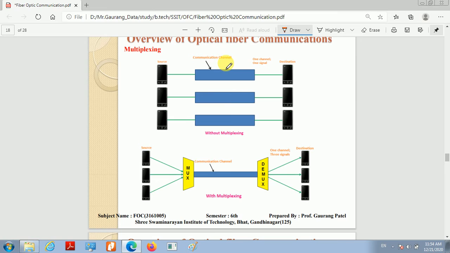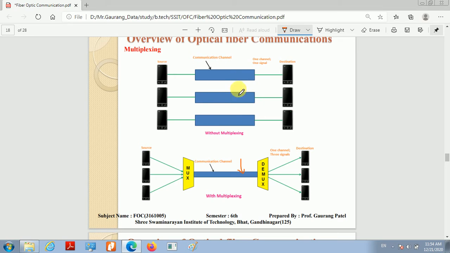Means we are using 3 channels for sending 3 different signals. In case of multiplexing, you can see I have only one channel to be used and 3 different sources, 3 different destinations. Means we are sending 3 signals using only one channel with multiplexing.